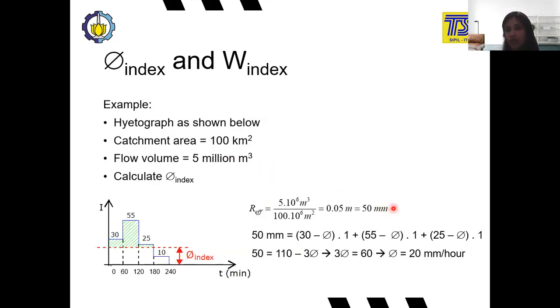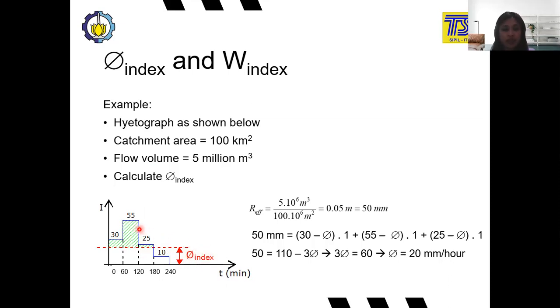So we have an effective rainfall of 50 millimeters. And then this effective rainfall will be equal to the area which is shaded here. So here we already have the line, but we are not sure how big this index is, so we have to calculate it.